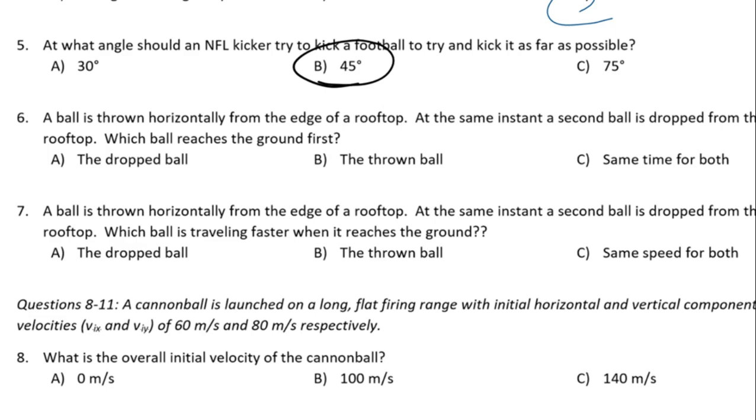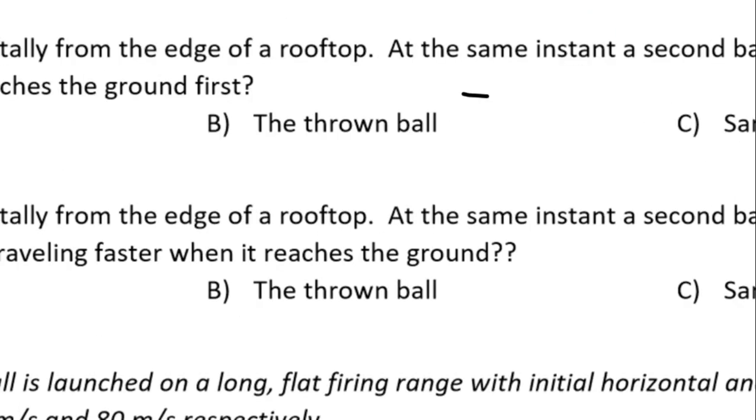All right. A ball is thrown horizontally from the edge of a rooftop at the same instant a second ball is dropped from the rooftop. Which reaches the ground first? So we're looking really at this scenario here where we have one thrown horizontally this way, and at the same instant, one just dropped straight down.